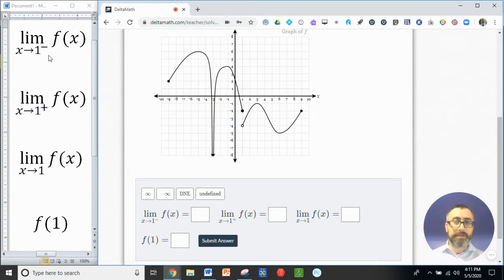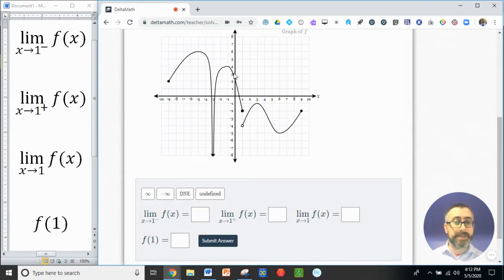If I'm approaching the x value of 1 from the left, I'm following this trajectory. As I get closer and closer to 1, my y value gets closer and closer to -2.